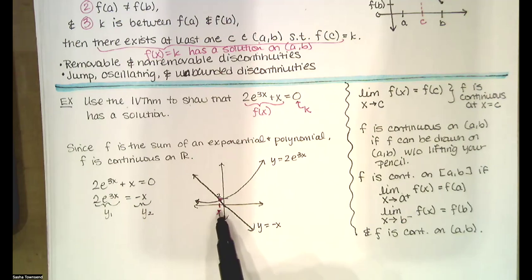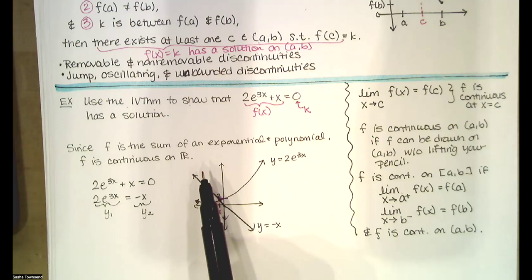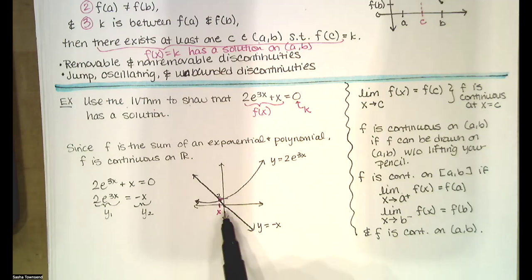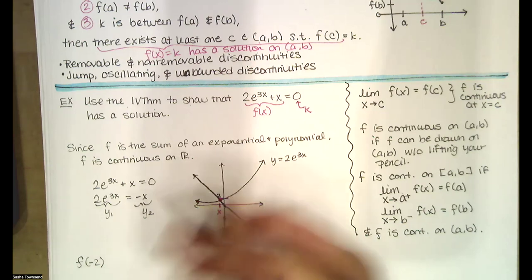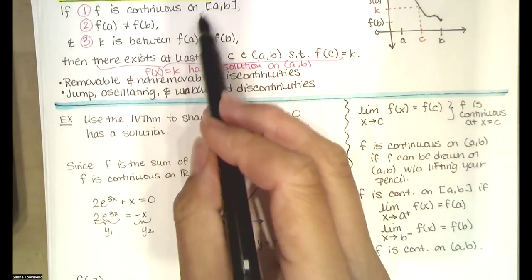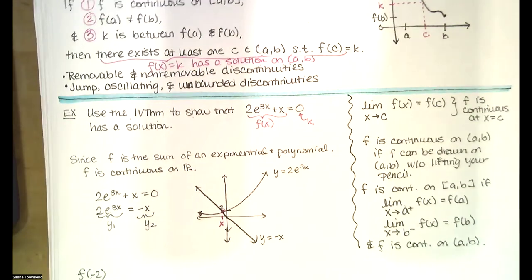Since I know that my x value is just a smaller negative number, I'm just going to choose a negative number over here to the left of that implied x value, and then we'll choose x equals 0 on the right. Let's substitute x equals negative 2 as a potential a for our interval from a to b.